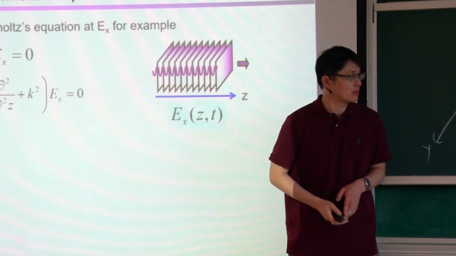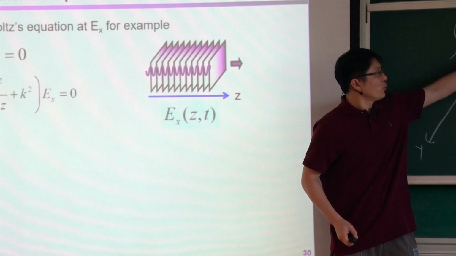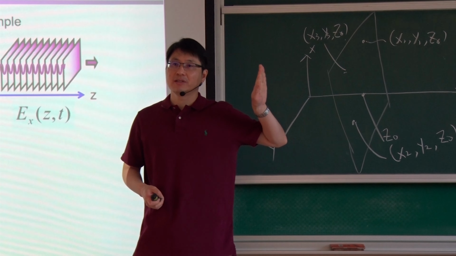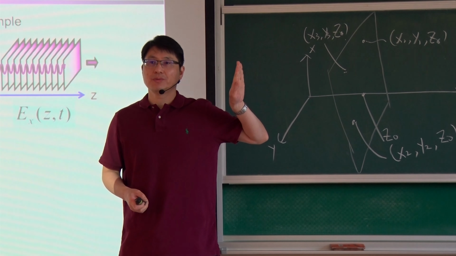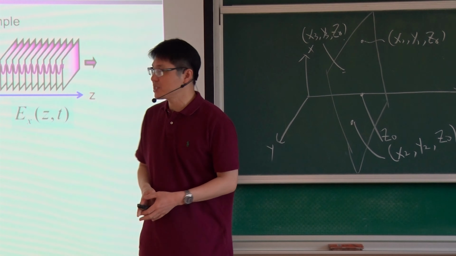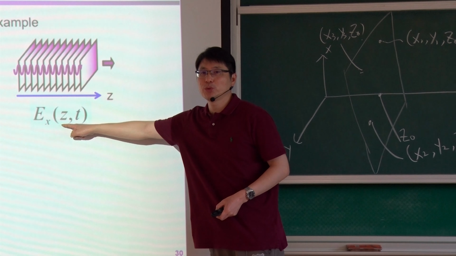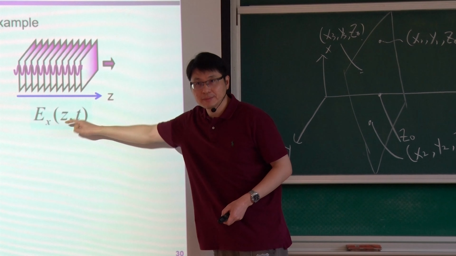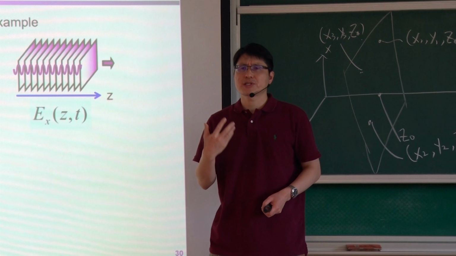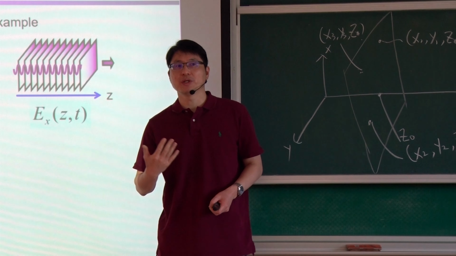Because as we said, everywhere on the x and y plane, they are having the same phase. So you don't expect to have any variations. So all the variations come from the value of z only. So if you have a plane wave, it's almost like a one-dimensional wave, right?